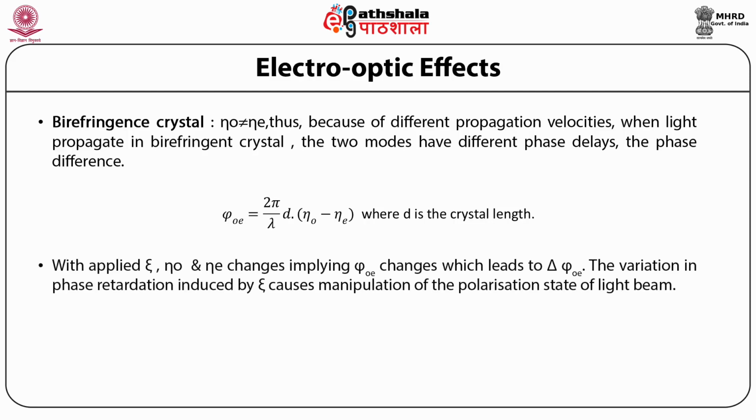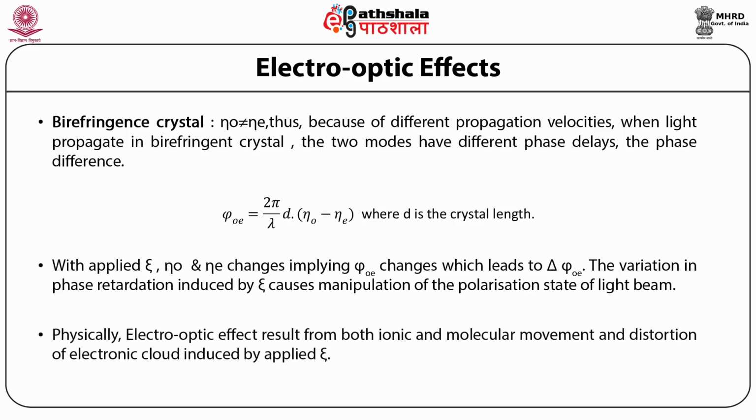So with applied ζ, η_o and η_e change, implying φ_OE changes, which leads to delta φ_OE. So the variation in phase retardation induced by ζ causes manipulation of the polarization state of the light beam.